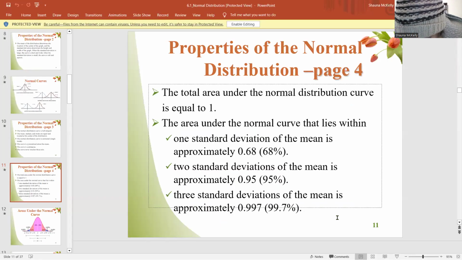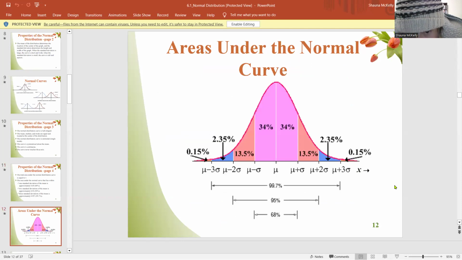Here's your empirical rule, your 3 bullet points for that. And here she's talking about what percentage lies within one standard deviation. Now, this might be confusing for some of you, so let me go over this.